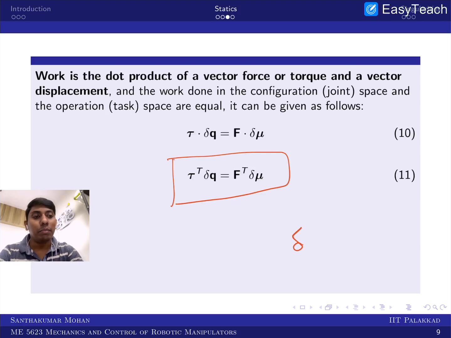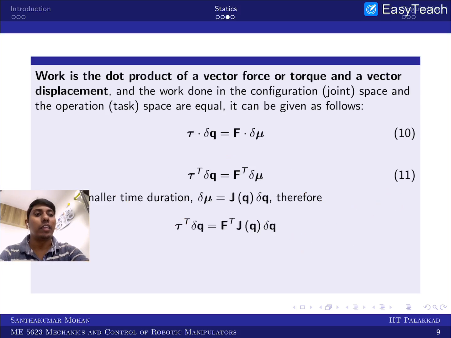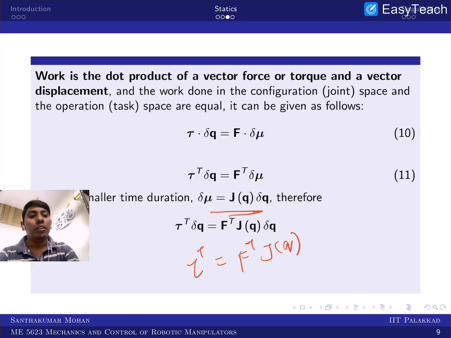You have already obtained delta mu as J of q into delta q, and I am substituting that equation. The delta q goes away, so tau transpose is f transpose J of q, and taking the transpose throughout, tau is J of q transpose f.